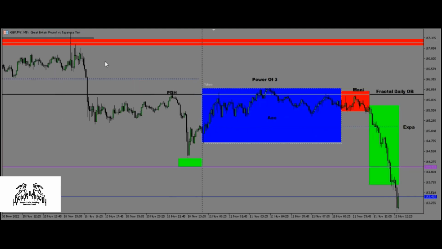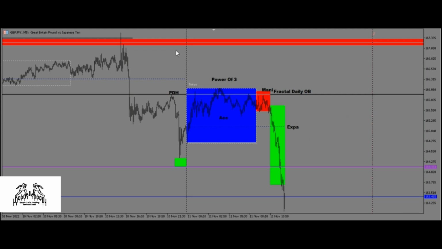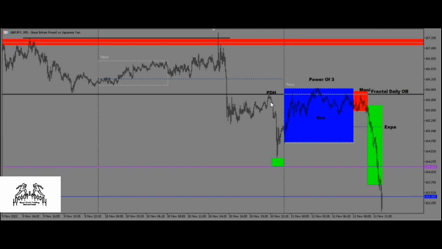As you all saw, yesterday I took a trade on this area here. I sold here and I took my profit here. But look what happened. There was a further move to the downside.